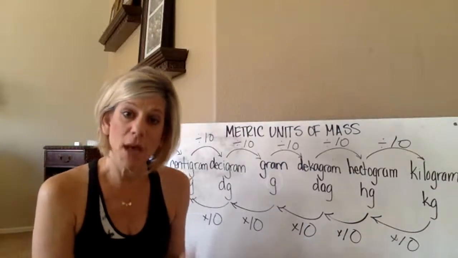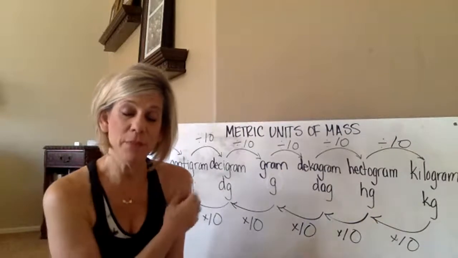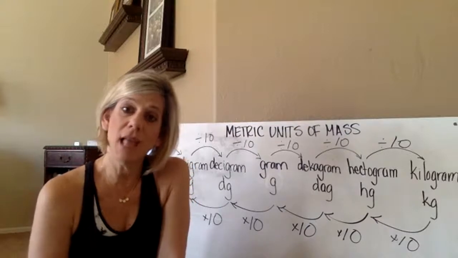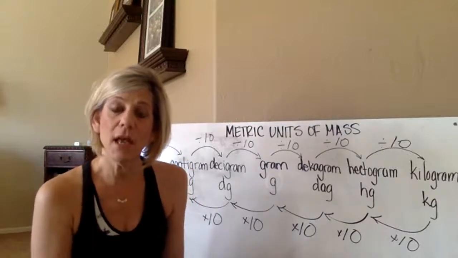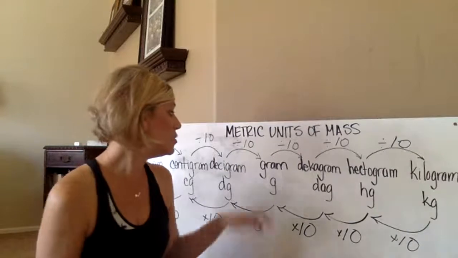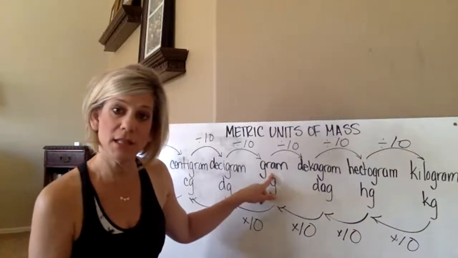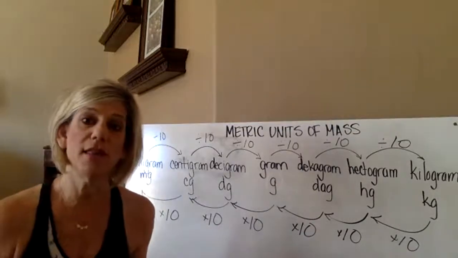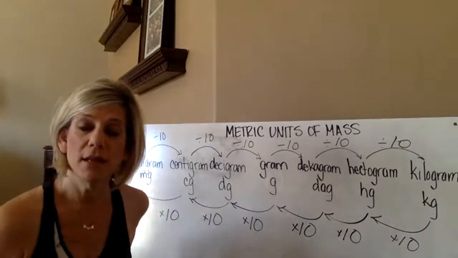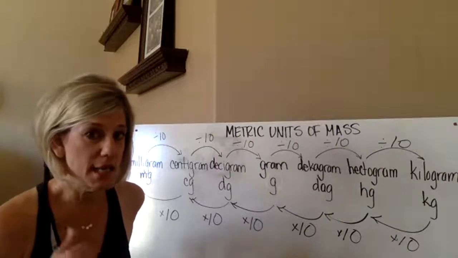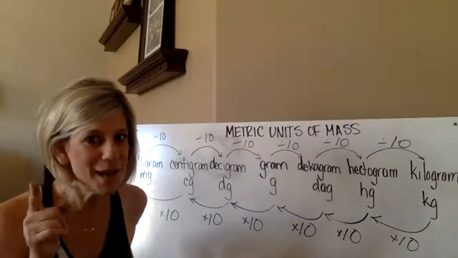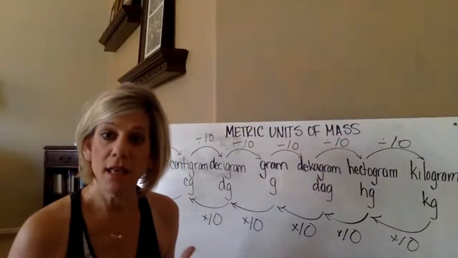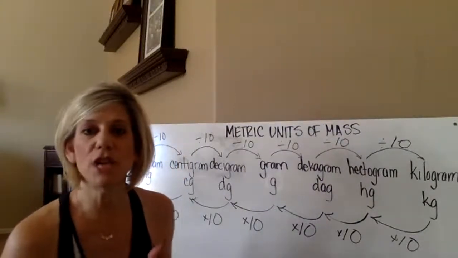Today's video, as well as the following days, are going to be much shorter because, as I mentioned, unlike customary units, with the metric system the only thing that really changes is the units. So you're going to see pretty much the same thing that I introduced with metric units of length, exactly what we did, except you're changing it out.